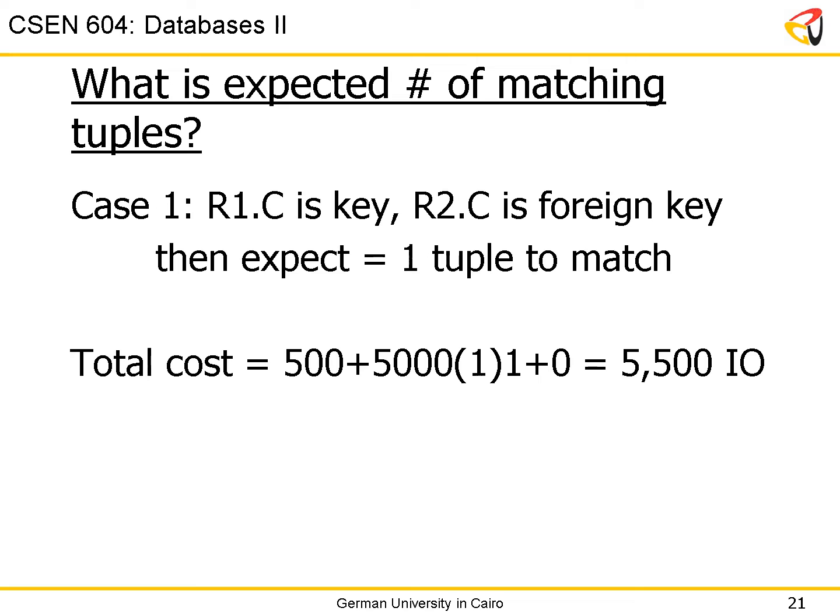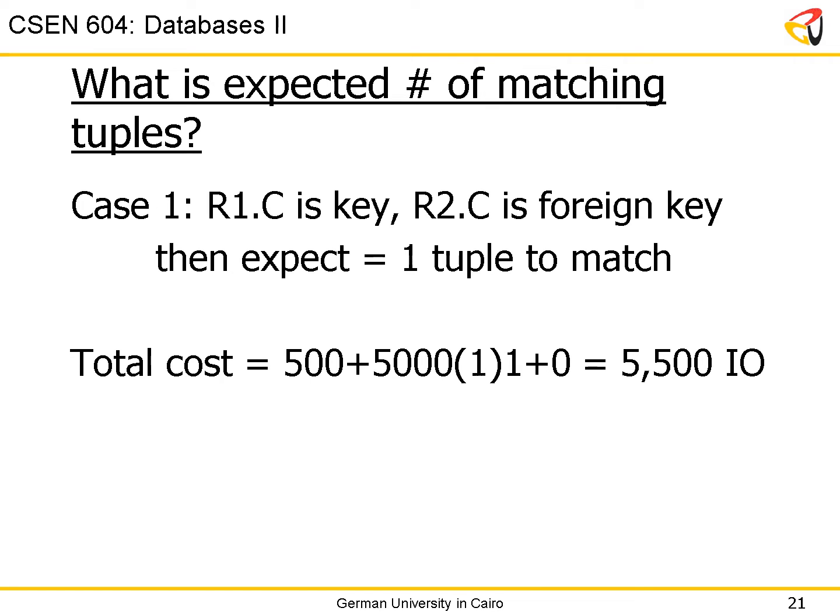So if I go to the R1.C index and ask whether a value exists, I will be told yes, and that there's only one of it, because it's a primary key. It's unique. So I will always expect to get back an answer that has one match.